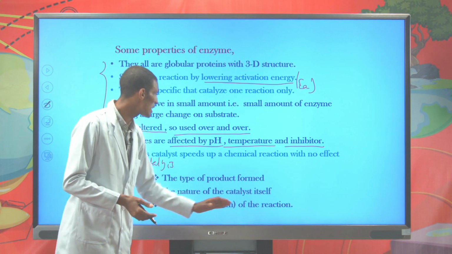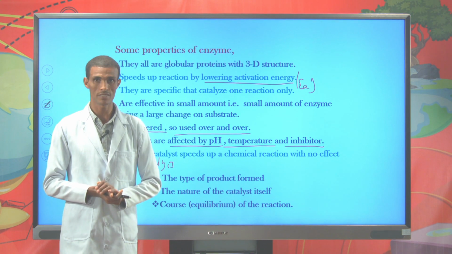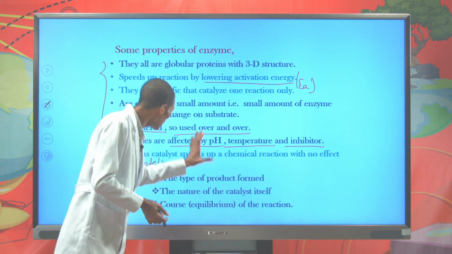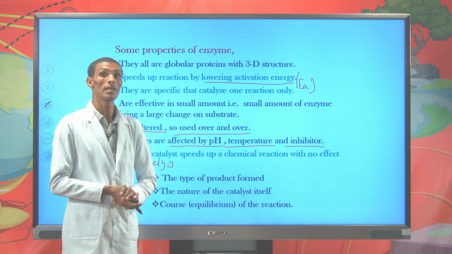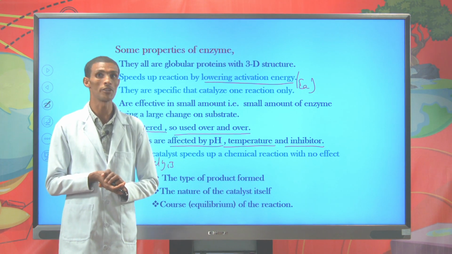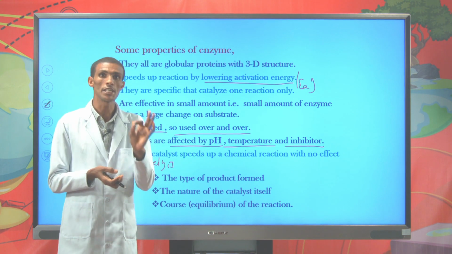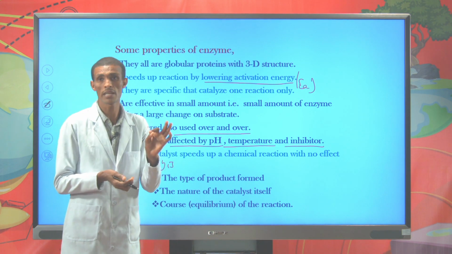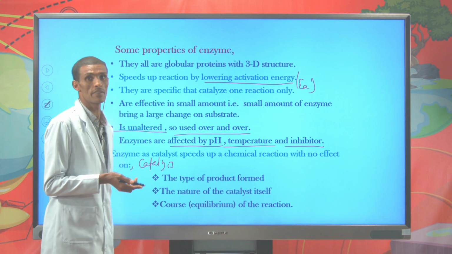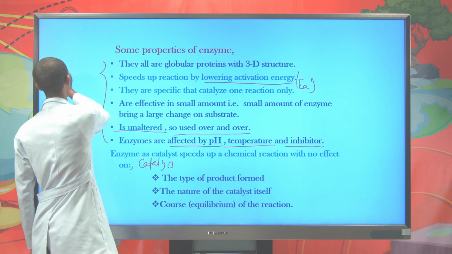They cannot change the equilibrium of the reaction. This is what cannot be changed during enzyme-substrate complex formation. The only target of an enzyme is to specifically catalyze a substrate, lowering activation energy to speed up the rate of chemical reaction.